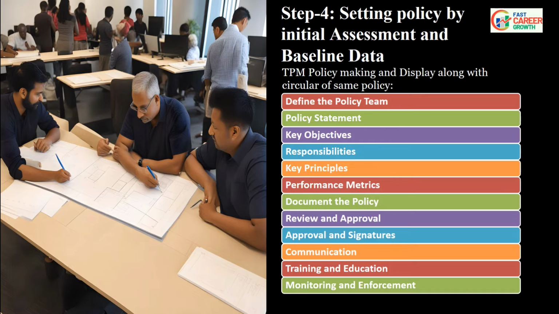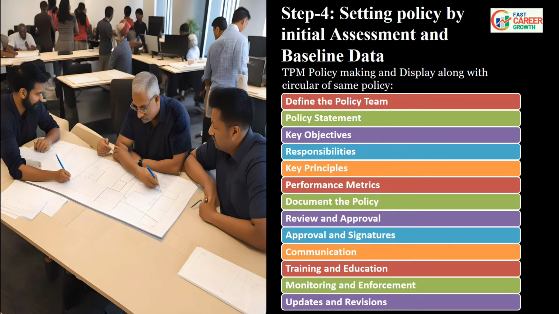Updates and revisions. Periodically review and update the TPM policy to reflect changing goals, technology, and best practices in TPM. The TPM policy should serve as a guiding document for the organization's journey towards improving equipment reliability and operational efficiency.